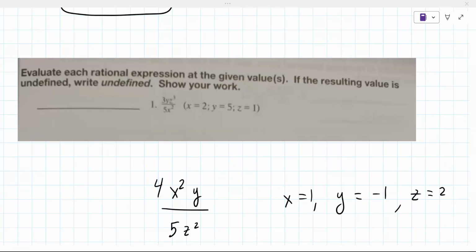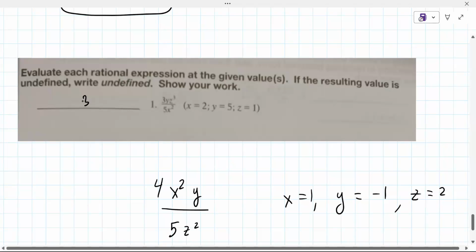There. Here. Oh, x equals 2. And then, okay, I have 0.75 and then 3/4. Good. There you go.